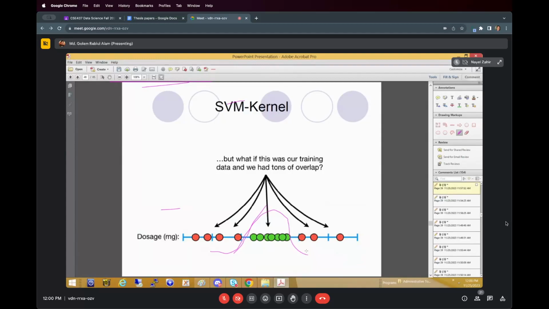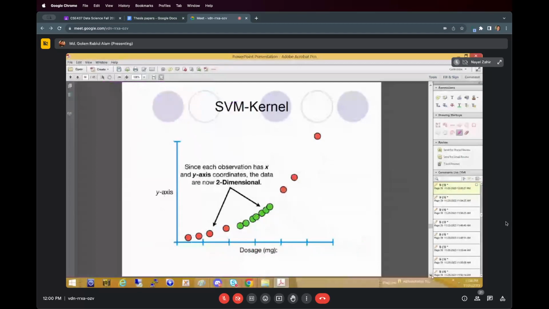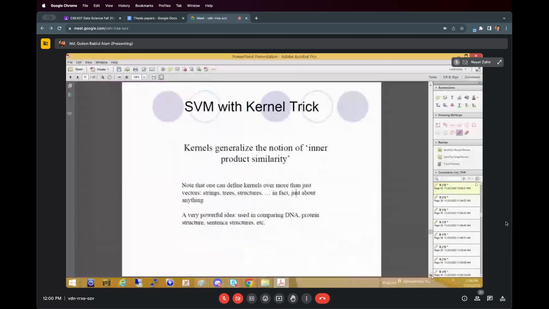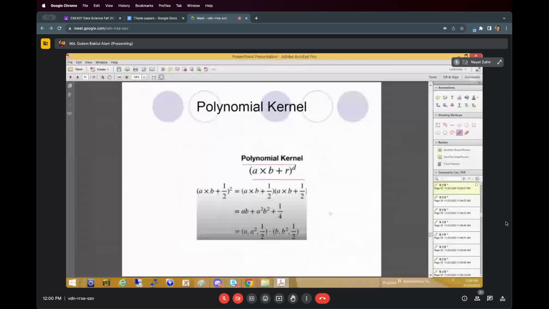There are several kernels for that, and one of the kernel functions we usually call the polynomial kernel. So how will the polynomial kernel work? The equation of the polynomial kernel is a times b plus r, to the power d.